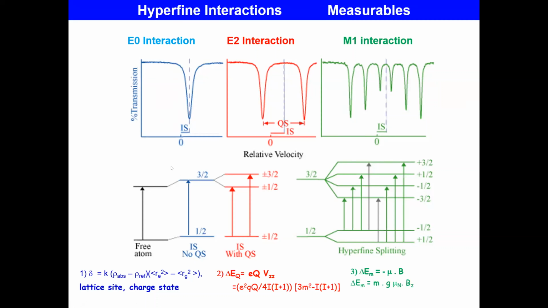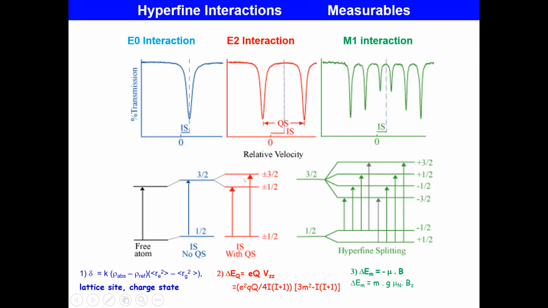If it's shifted from your reference by a small amount, then it means that the charge density around the nucleus in your absorber has this small difference from the charge density around your reference material.